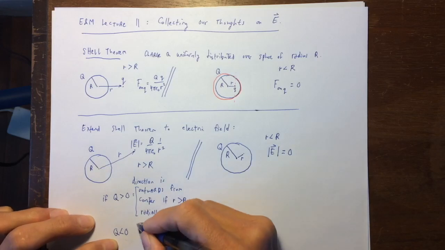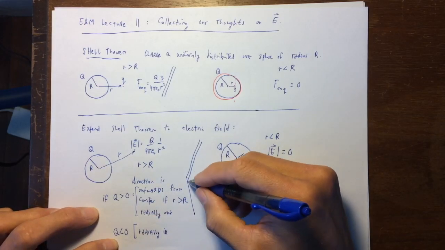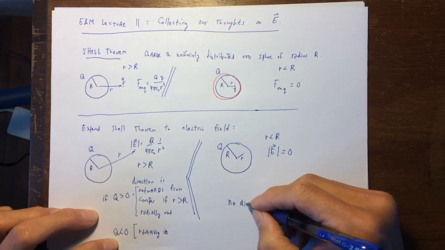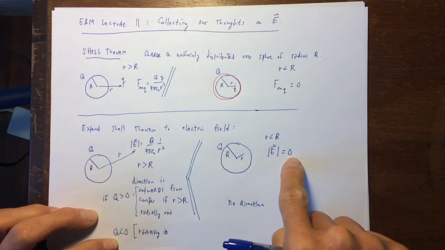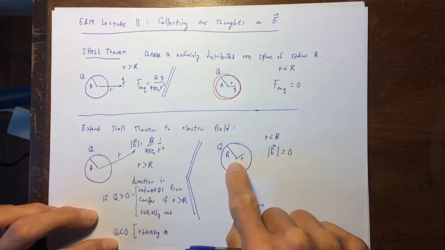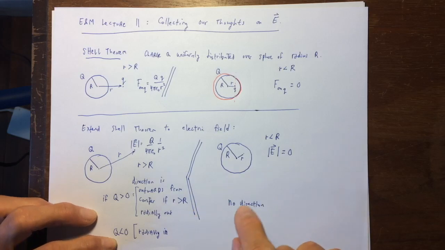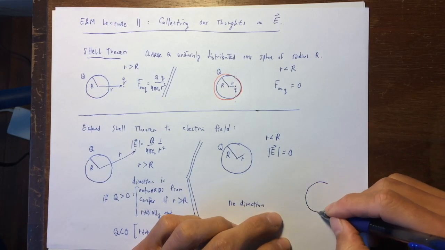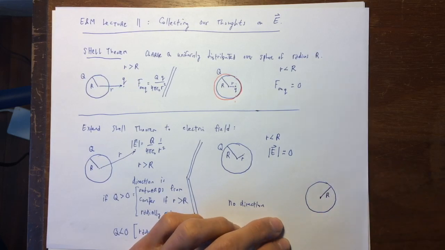So this would help us build the field line diagram. Regardless of the sign of the charge, there is no direction inside because we don't have a magnitude. We just have electric field equal to 0 everywhere on the inside, and the electric field everywhere outside is not 0. And so the field line diagram might look something like this.